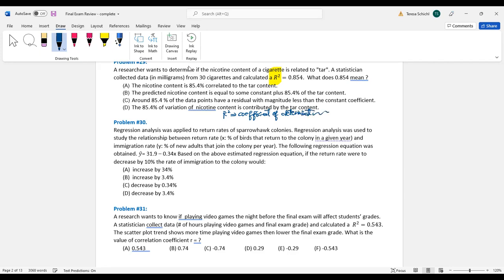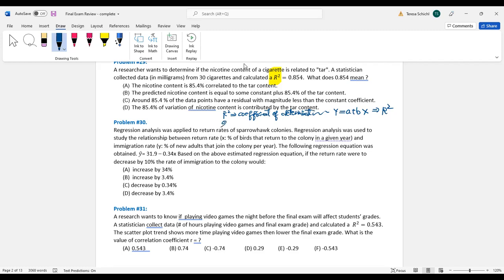Okay, so we typically use the A plus BX. This is our regression model, right? You calculate R-square. So how do we translate it to this model? R-square is the percent of the Y variation contributed by the X, right?